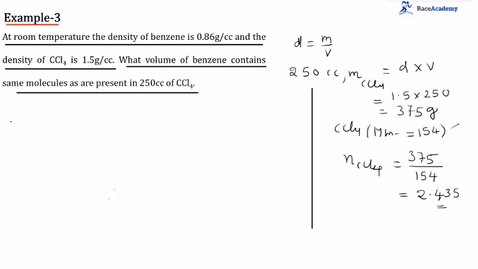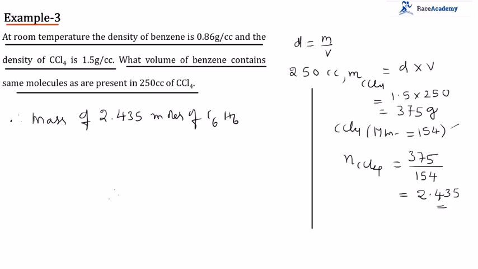can also be calculated, because in the problem they say the volume of benzene contains the same molecules, which means the number of moles of carbon tetrachloride is equal to the number of moles of benzene. So now we can find the mass of these 2.435 moles of benzene.